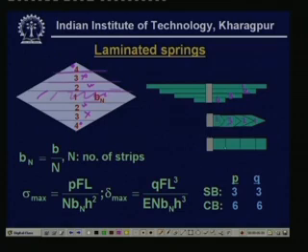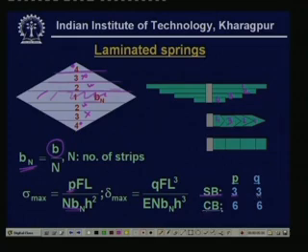So, what is the idea? You can see the width of each section, b_n, is basically b divided by n. In this particular case, n comes out to be around 4, and you do not have any changes in the equations except that the b in the earlier equation is changed in this fashion. This is the case of the constants P and Q. For a simply supported beam, P and Q come out to be 3 and 3.